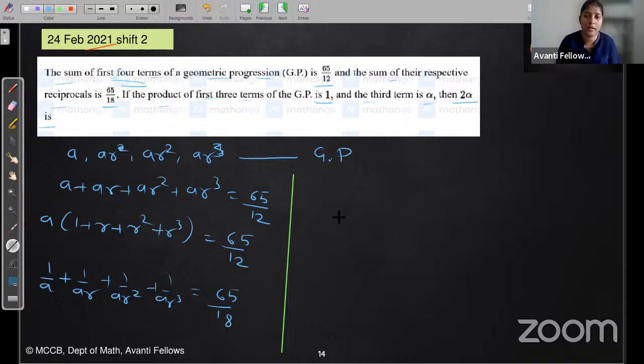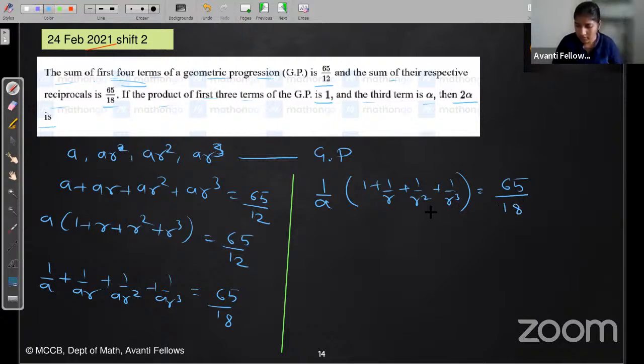Now just take 1 by A common, and consider the remaining terms. You will get 1 plus 1 by R plus 1 by R square plus 1 by R cube is equal to 65 by 18, correct?